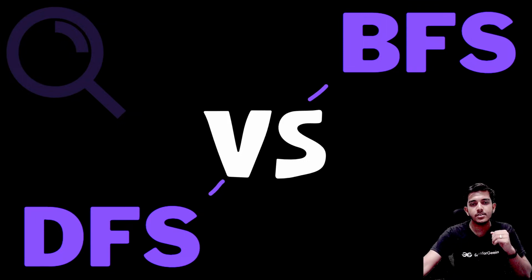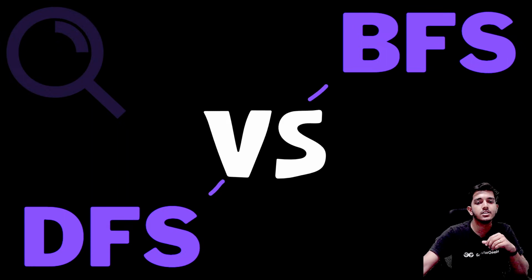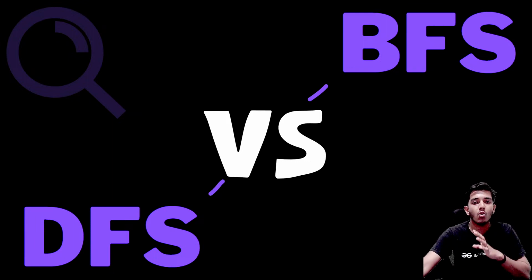So DFS is actually useful for searching deeper into the tree, such as finding all the possible paths, detecting cycles, or searching for a specific node or a pattern within the tree. Both DFS and BFS have their own advantages and applications, and the choice between them depends on the situation, on the task which you want.